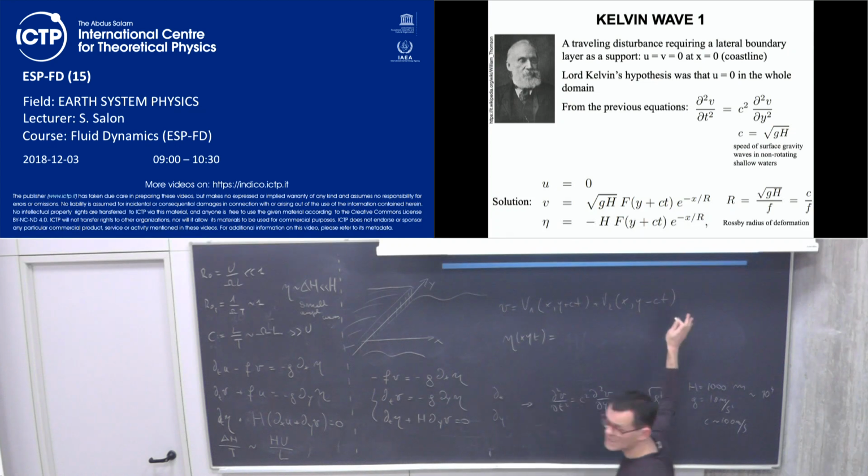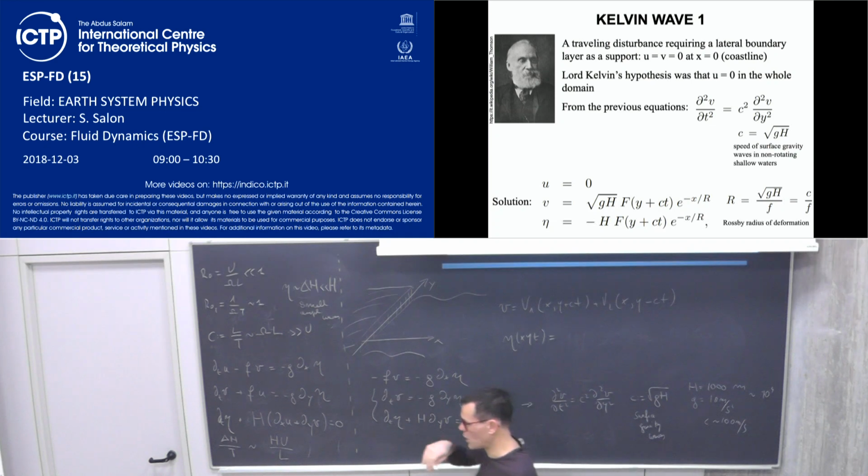okay, because this is the most general solution, right? So we do not have any kind of boundary condition at the moment to apply. So in the most general case, v will be the sum of these two waves.